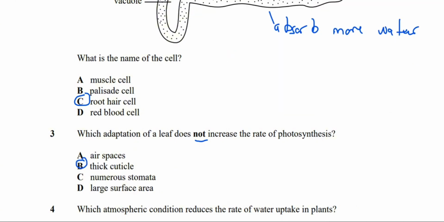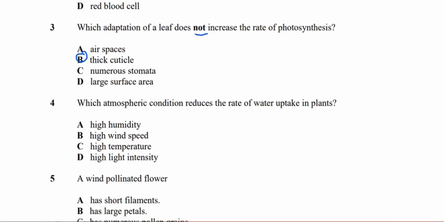The next one, which atmospheric condition reduces the rate of water uptake in plants? Okay, so our rate of water uptake is due to evapotranspiration. A high humidity means that there will be a lot of water in the air, so not ideal. A high temperature increases the rate of water uptake.